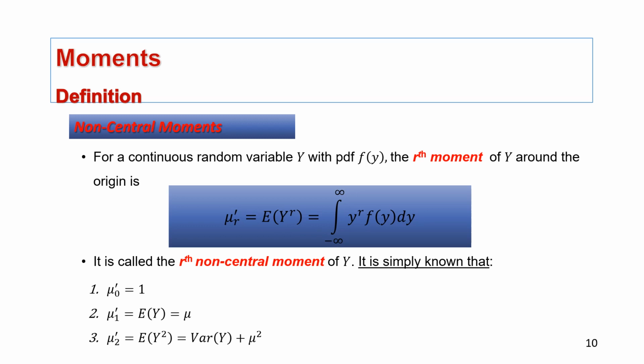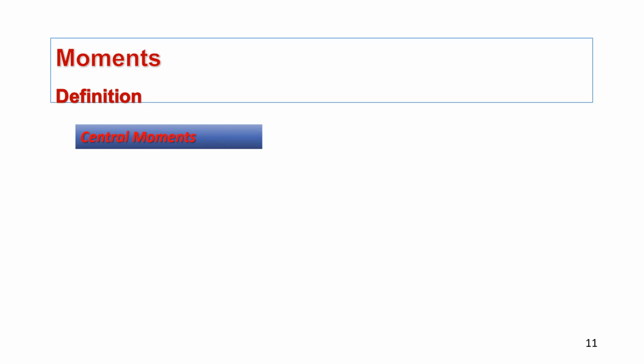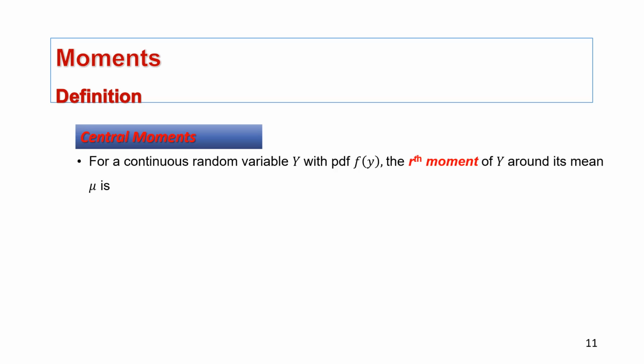Because you know that the variance of y equals the expected value of y square minus mu square, then the expected value of y square equals the variance of y plus mu square.